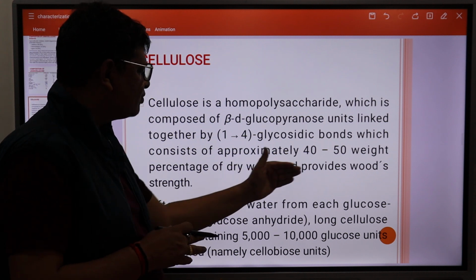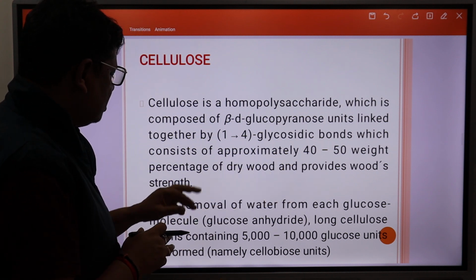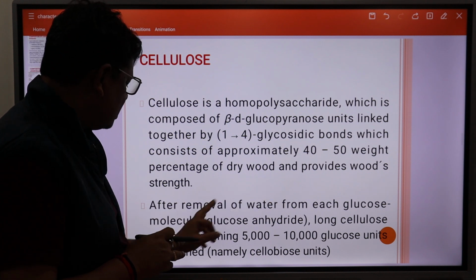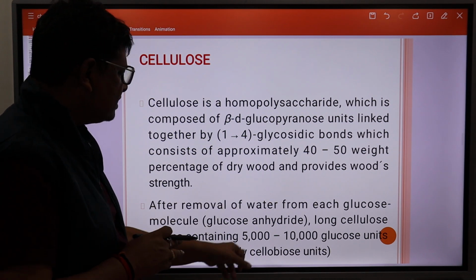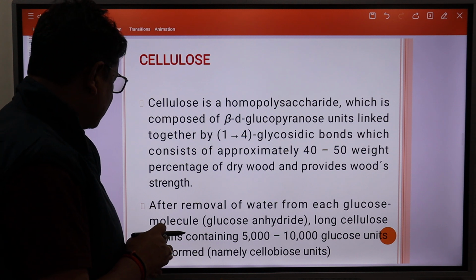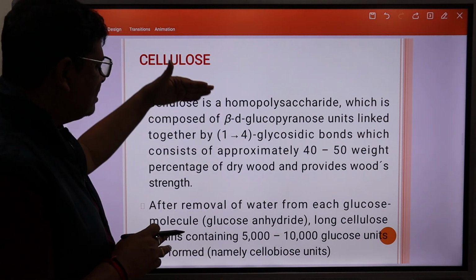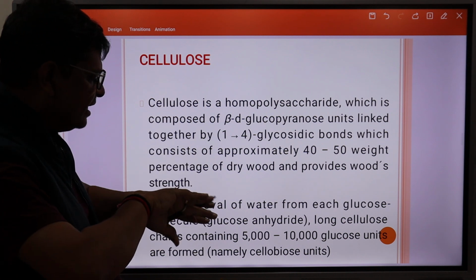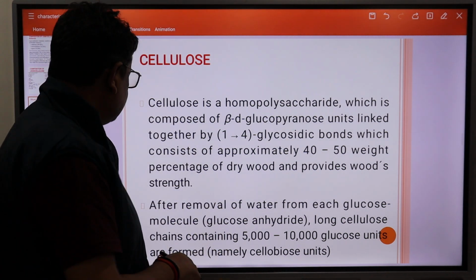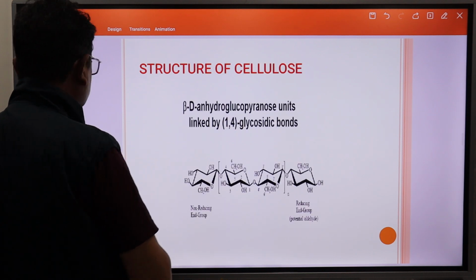After removal of water from each glucose molecule, glucose anhydride long cellulose chains containing 5,000 to 10,000 glucose units are formed, namely cellobiose units. So you can understand how people are segregating and finding the smallest unit from the complex molecules.